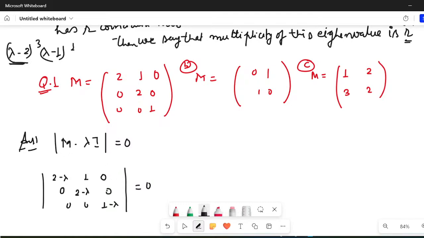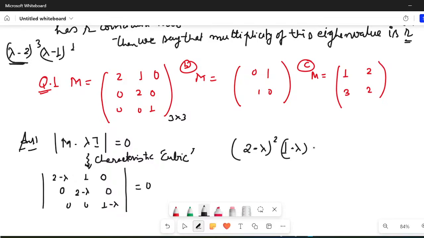If I am solving a determinant, I will get a characteristic equation, and since it is a 3 cross 3 matrix, the characteristic equation will be cubic. Then you can solve that equation. You simply get (2 minus lambda) square into (1 minus lambda) equal to 0.